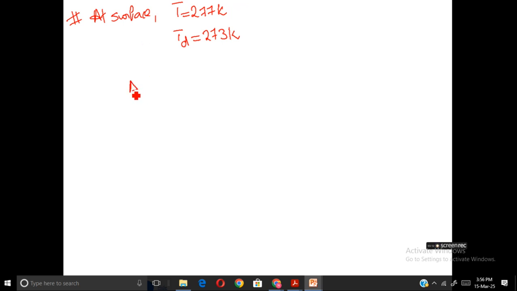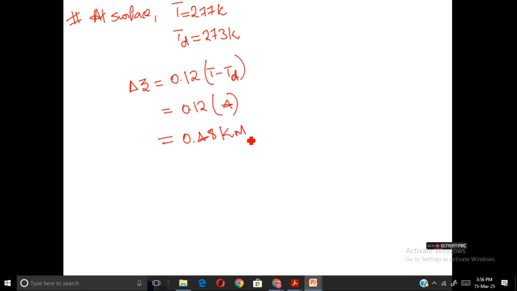Can you calculate the value of delta Z, the height at which the cloud will be found? So the equation is delta Z is equal to 0.12 into (T minus TD), which is 0.12 into (277 minus 273), just 0.12 into 4. It will be around 0.48.